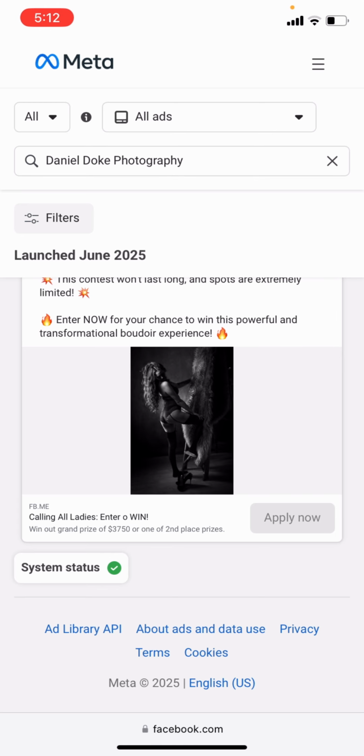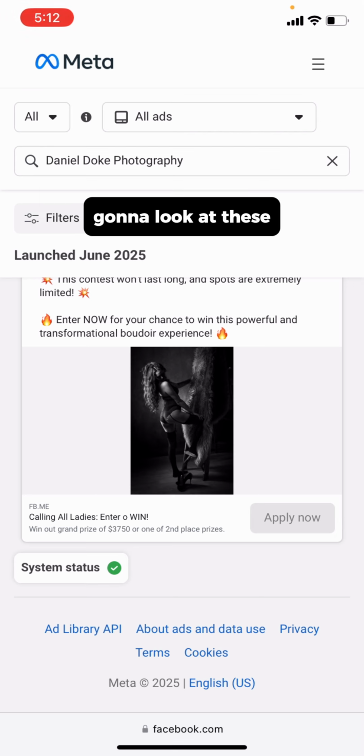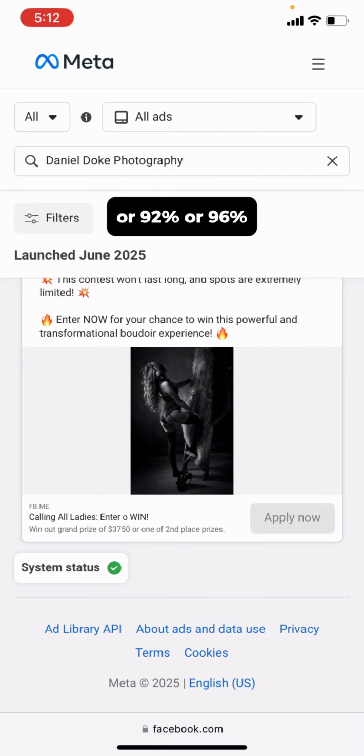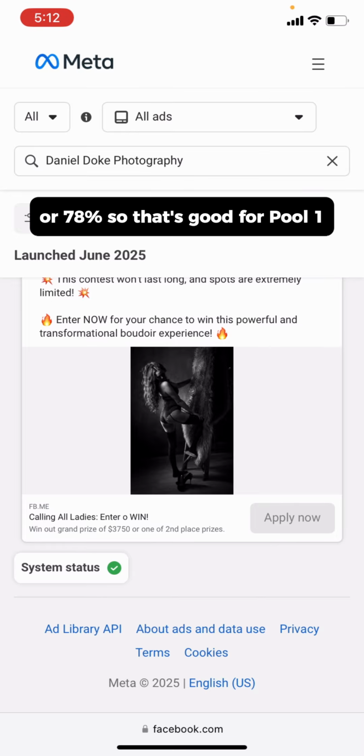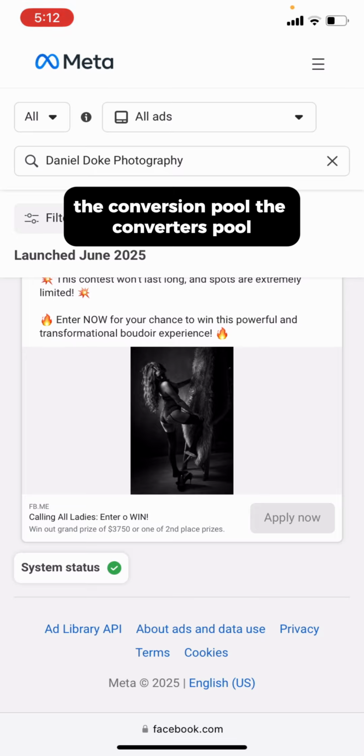And that's good. Then it decides, hey, I'm going to send the ad to these other Meta profiles that have 86% of these similar data points as well, or 92%, or 96%, or 78%. So it's good for pool 1, the converters pool.